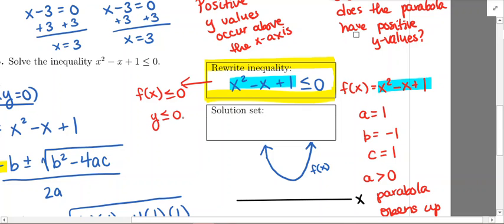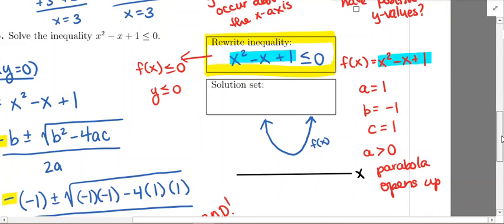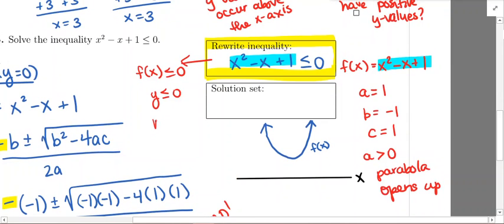So basically, we're trying to write down the x values of the parabola where the y values are less than or equal to 0. If we translate this, where does the parabola have negative or 0 y values?